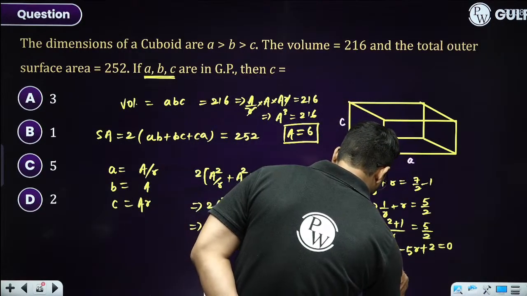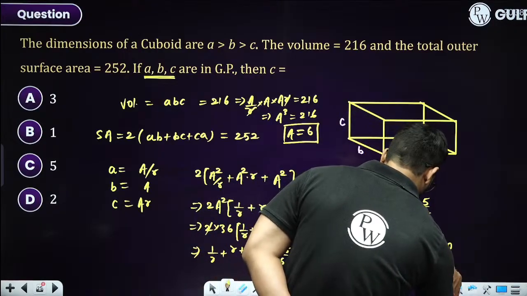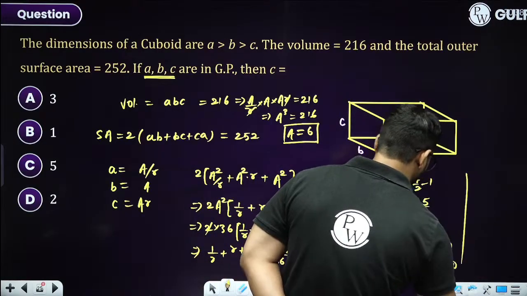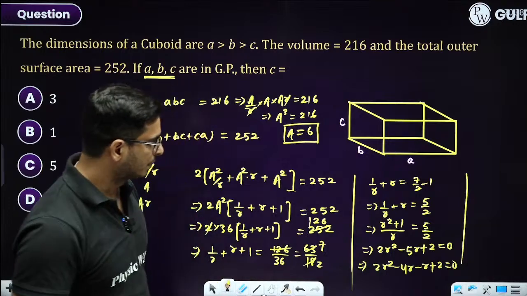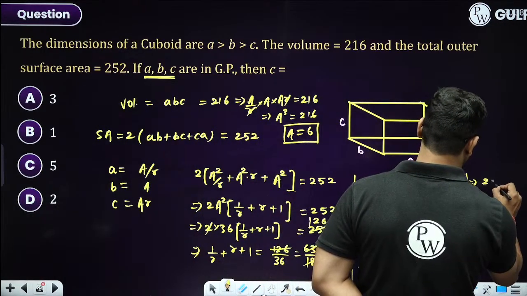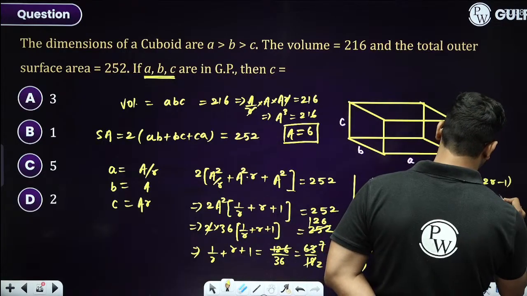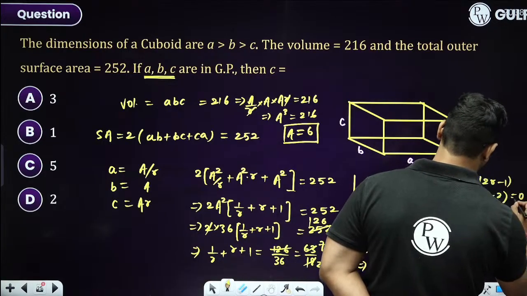So this is 2R square minus 4R minus R plus 2 equals 0. So 2R we can take common. So this should be 2R minus 1 into R minus 2 equals 0.